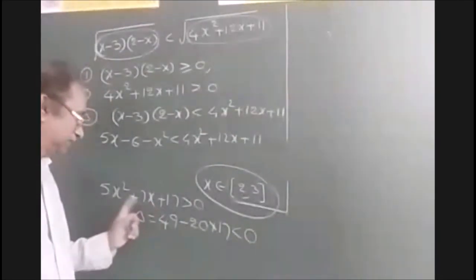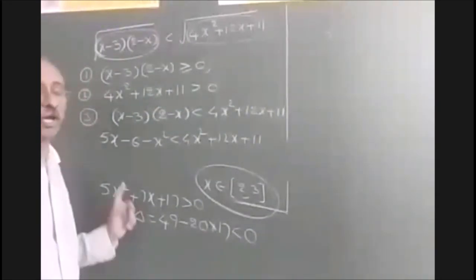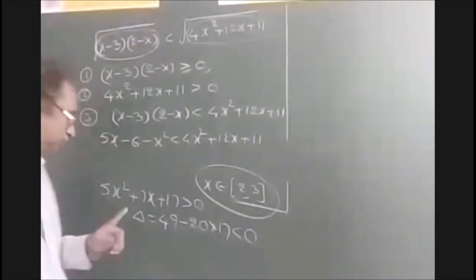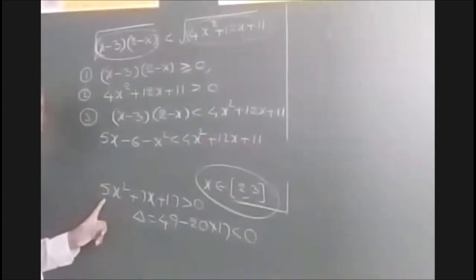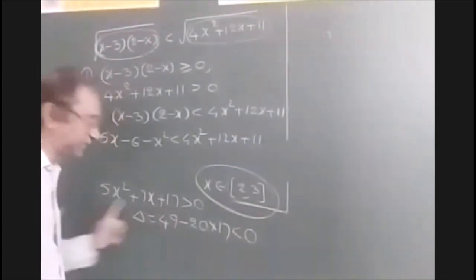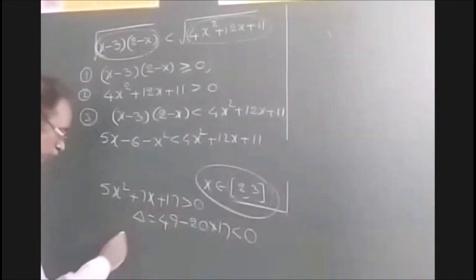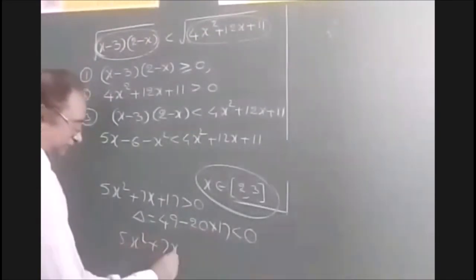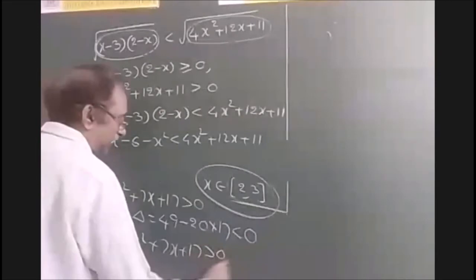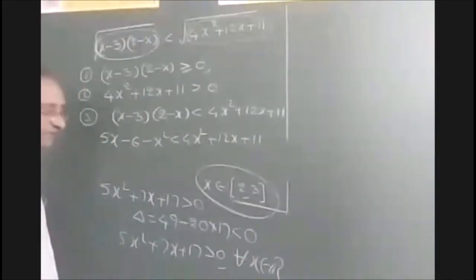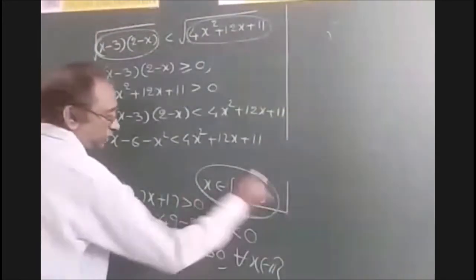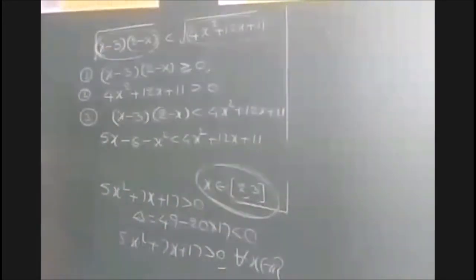So this is always positive or always negative, only one happens. How to verify that? See, the x square coefficient is positive, therefore it is always greater than 0. Therefore 5x square plus 7x plus 17 is greater than 0 for all real x. And finally, the intersection is only 2, 3. So the answer is the closed interval 2, 3. Okay?